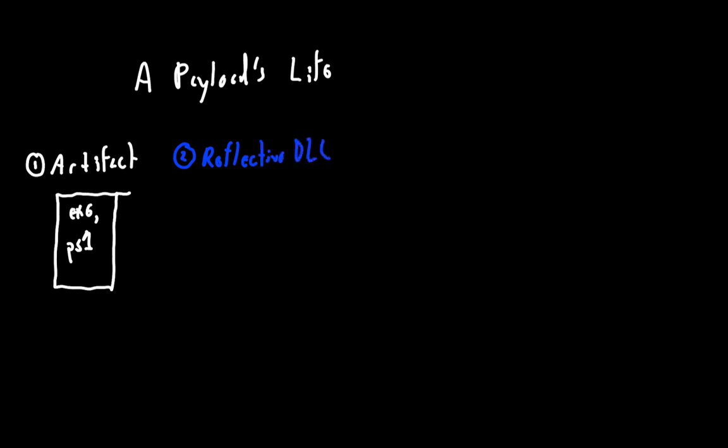But the artifact allocates memory for this package, and that memory could be RWX, that is in control of the artifact, and the artifact controls how much space it asks for. And it will copy our Beacon reflective DLL package into that memory. Okay?